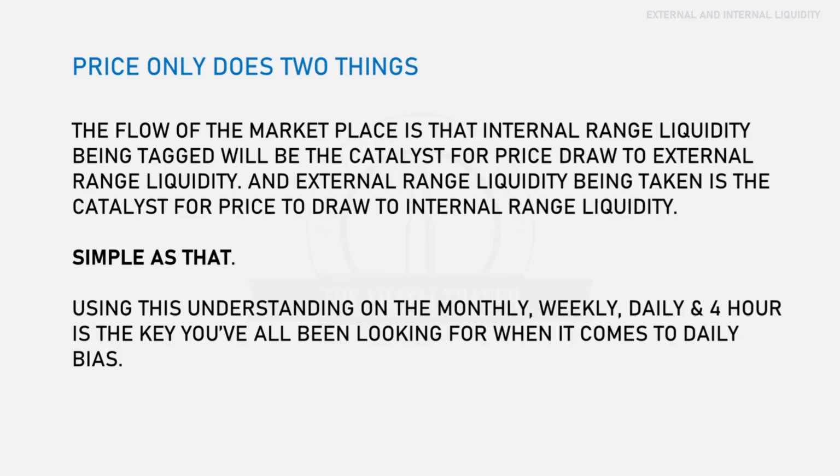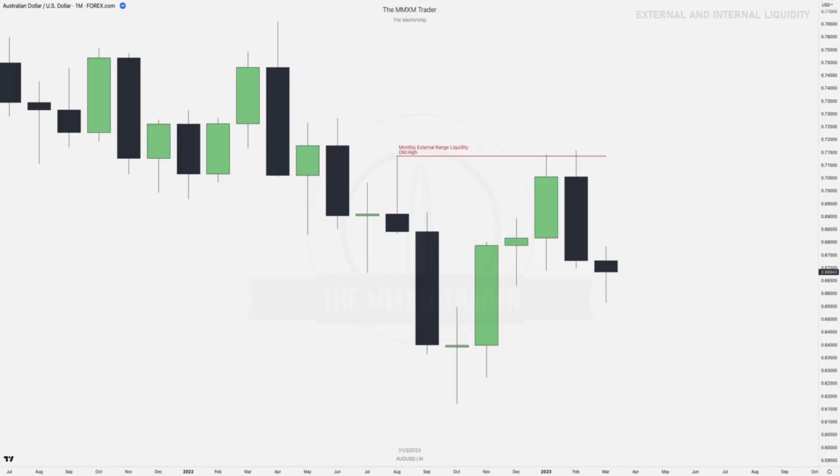All right, we've got an Australian dollar, US dollar monthly chart over here. Now let's look, where is the monthly external range liquidity over here? So we rate this external range. Now, without going further, where does your eye draw into? You should be looking at internal range liquidity in the form of a fair value gap.